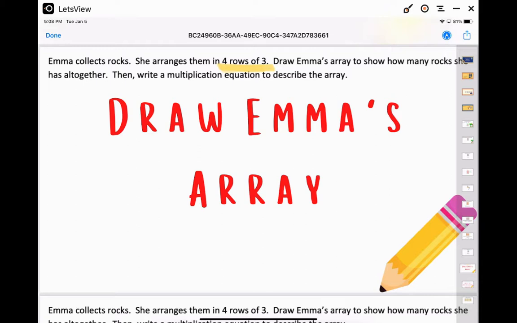At this time, please draw an array that shows 4 rows of 3. Teachers, if you need to pause the video to give them time to draw, definitely feel free to do that.